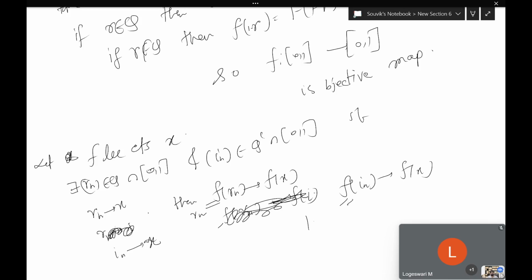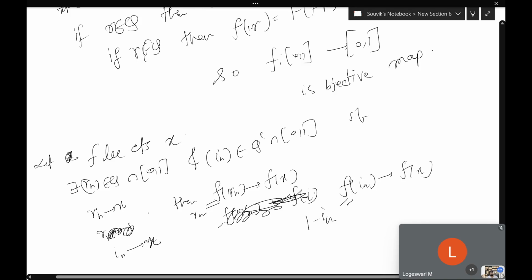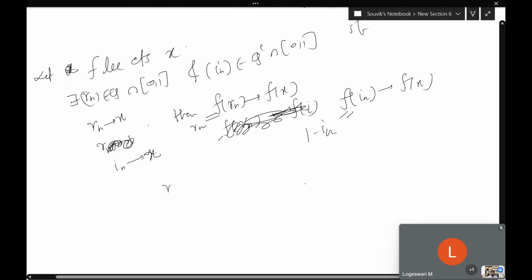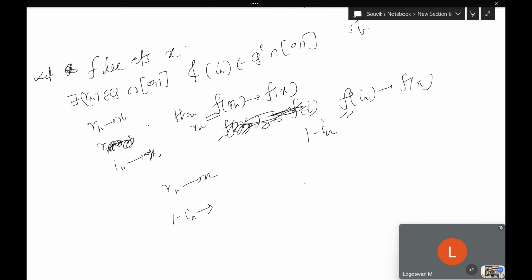But f of In is 1 minus In, and Rn goes to x while 1 minus In goes to 1 minus x.